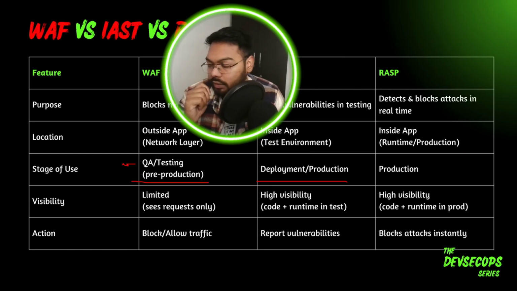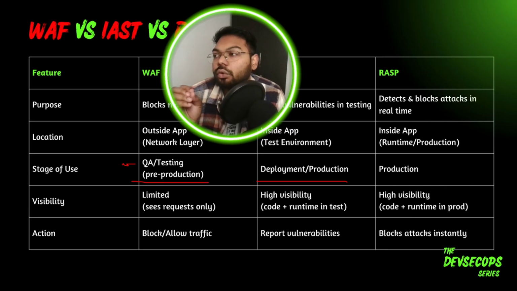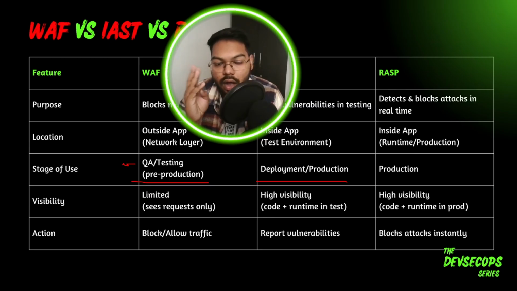So if someone asks you in the interview, what are the things that I could do to secure my production environment if I don't go with a runtime application solution? Here you can say WAF and IAST both could be there on the production environment if we are not going with RASP. But if we are going with RASP, you could trade off WAF and IAST, and then we can only have RASP.